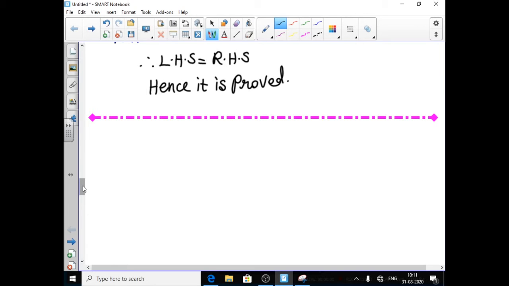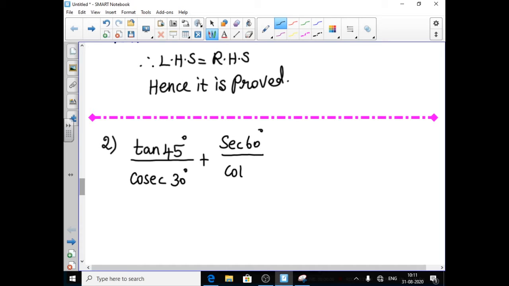The first one is tan 45 degree. Second question: tan 45 degree by cosecant 30 degree plus secant 60 degree by cot 45 degree minus 5 sin 90 degree by 2 cos 0 degree.